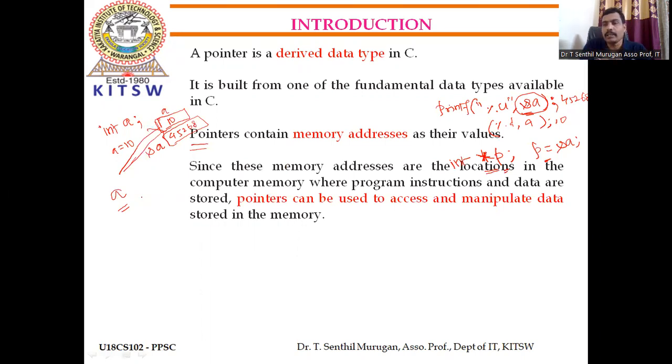If we are using the pointer, the pointer is pointing to 10. Clear? P equal to ampersand a means asterisk p equal to 10. Why? Because whichever address it is stored at, it is pointing to that location, and whatever value is stored there is the value of the variable.